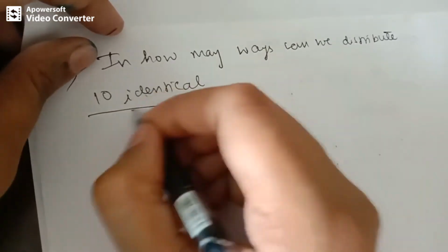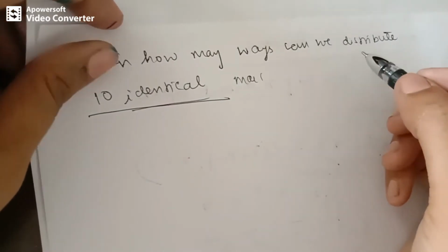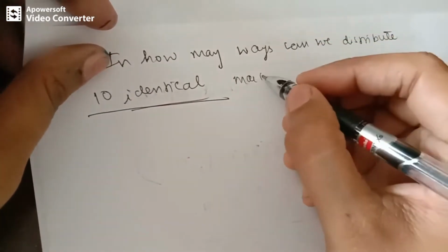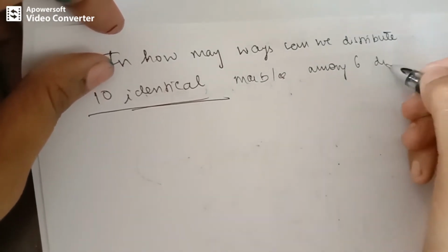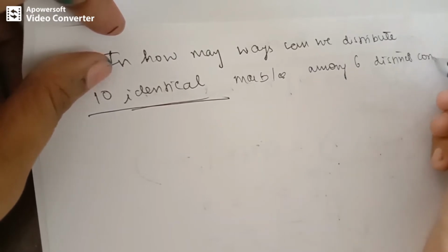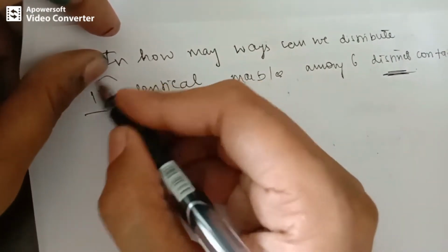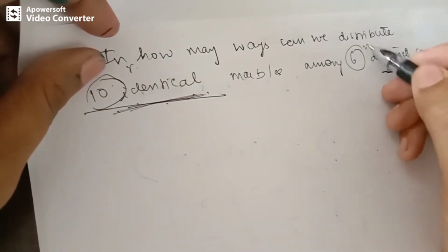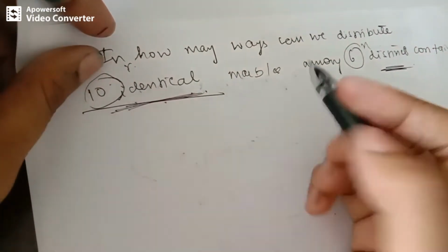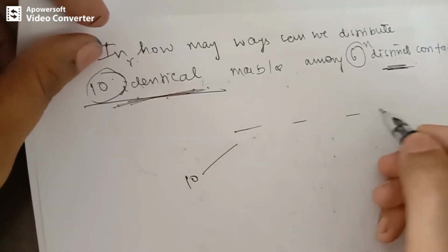So it is very clear, it is combination with repetitions, and we have to distribute 10 identical marbles among 6 distinct containers. You can observe the words given here, distinct and identical. The one close to identical is the value of r and the one close to distinct is the value of n. So the question is, in how many ways can we distribute 10 marbles in 6 containers?